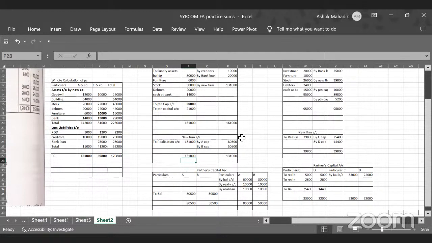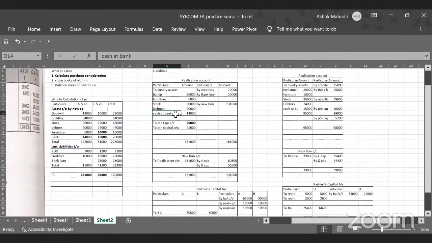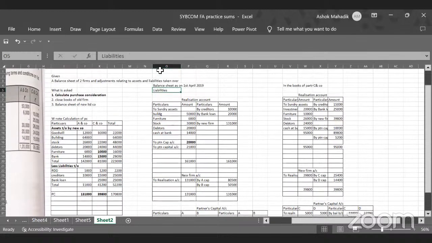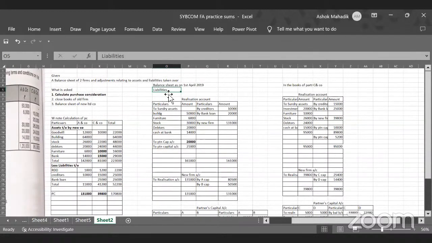Okay. Now we will make new balance sheet, right? I told you that I'll show you how to make new balance sheet. And I'll also show you how to pass journal entry for a recording in new form. What I'll do, I'll just shift this accounts on the extreme right so that we have space for balance sheet, right?